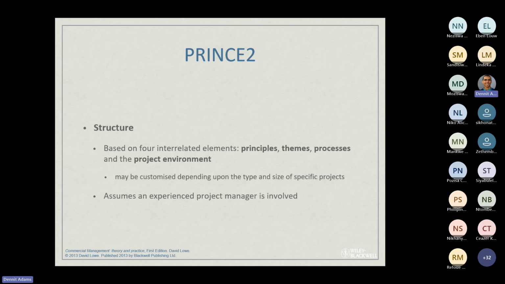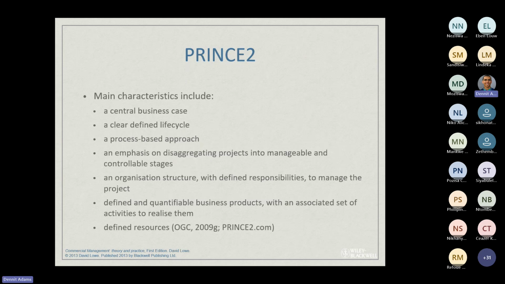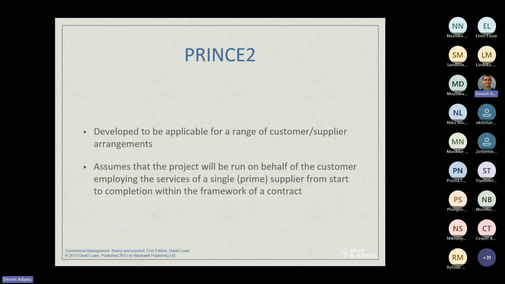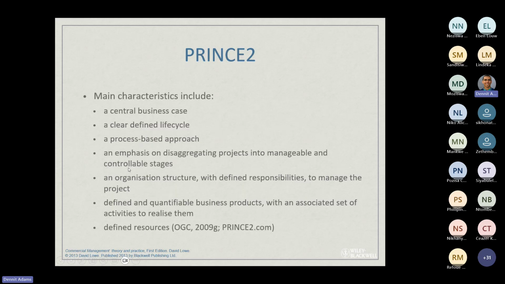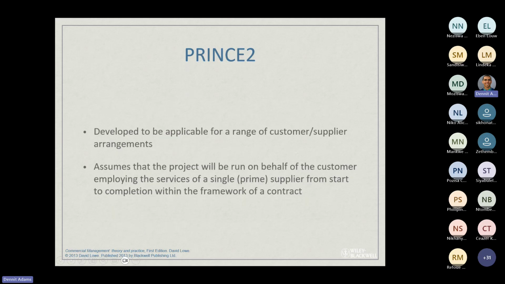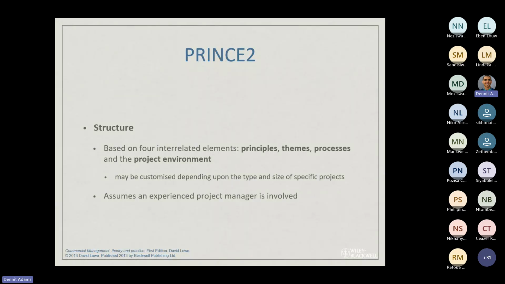Another assumption here is that you have an experienced project manager who is experienced within the PRINCE cycle or the PRINCE framework. So if you look here, this would be assumption number 2, right? Because this would be assumption number 1. This assumes the project will be run on behalf of the customer with a single supplier. So there's the second assumption.